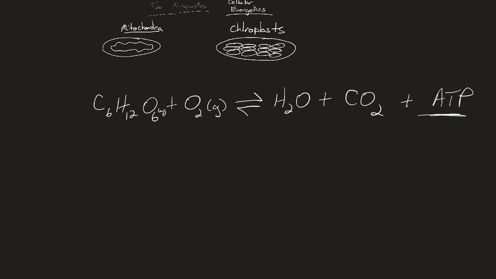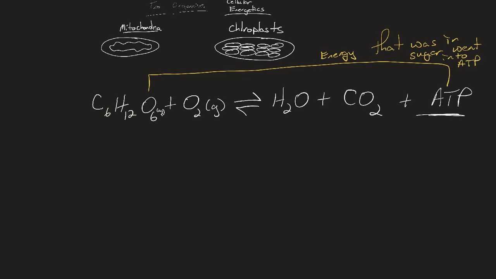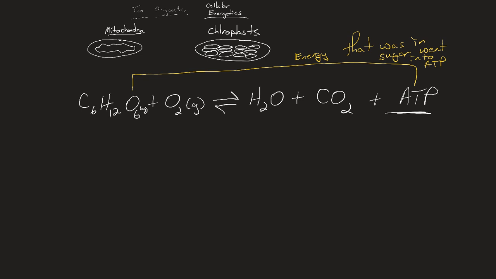So if we were to take this yellow and transfer it here, you'd say the energy that was in sugar went into ATP. So the key is to try to get that energy out and put it into ATP.